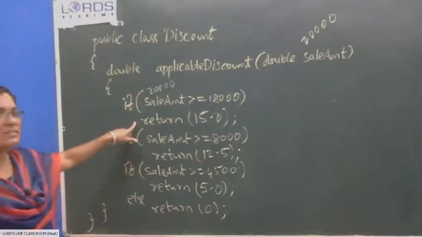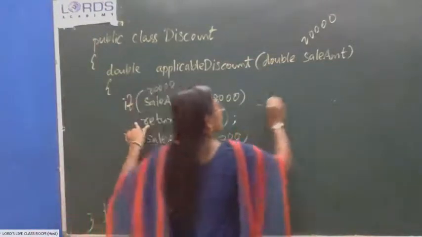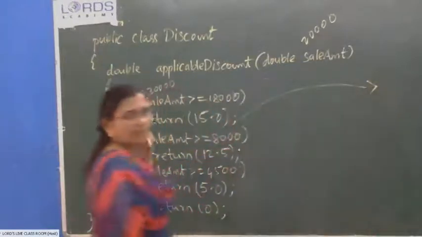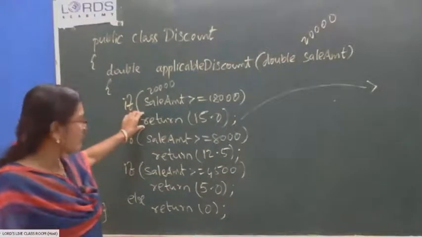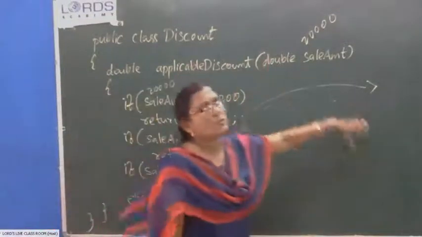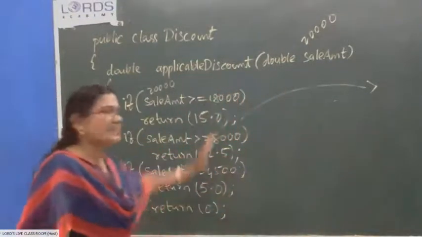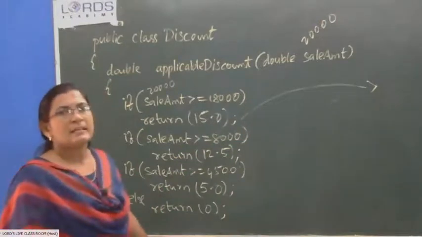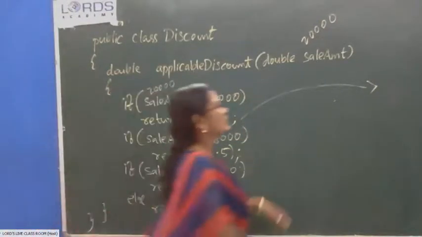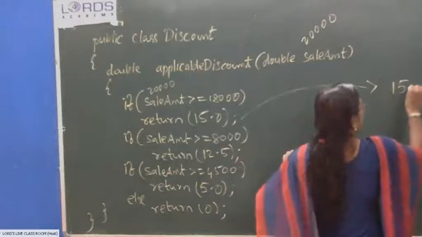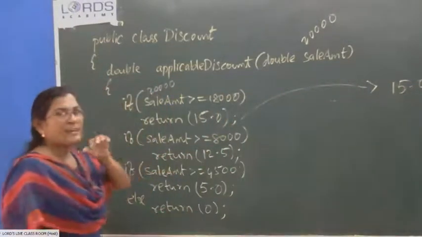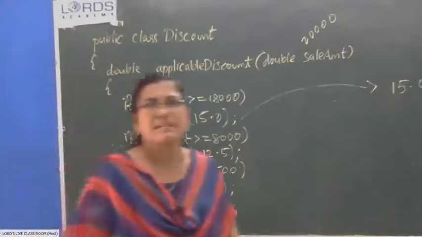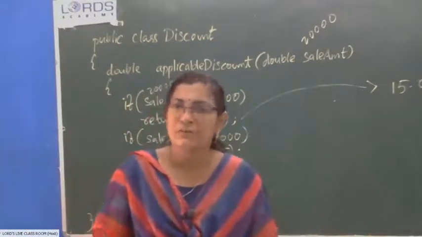Return 15.0. From here, control goes out of the method. The remaining statements will not be executed. You will get 15.0 displayed on the method call window. Whenever a return command is seen, control immediately goes out of that method.